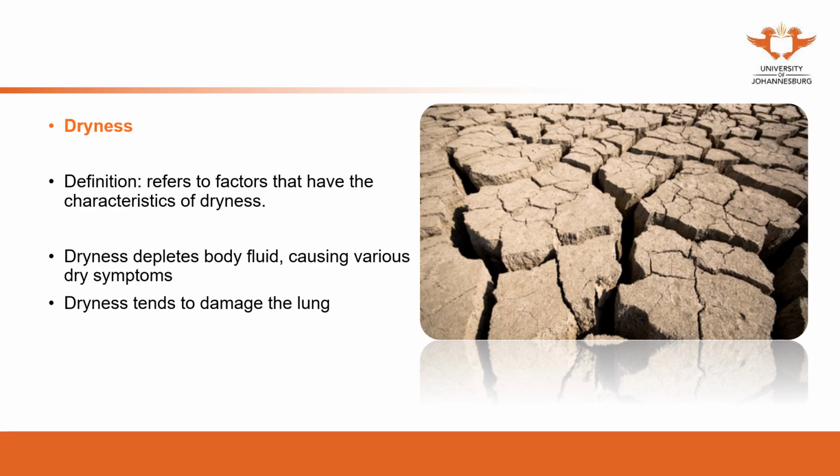And because of the dryness, it's related to autumn, and autumn is also related to the lung. So dryness very easily attacks the lung and causes dryness in the lung. When we have dryness in the lung, we will have coughing, and this kind of coughing is a dry cough.